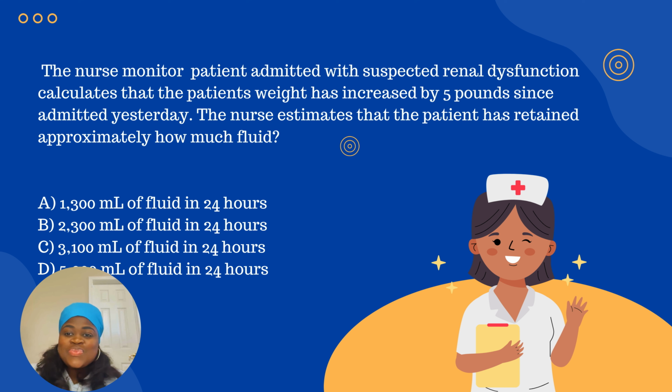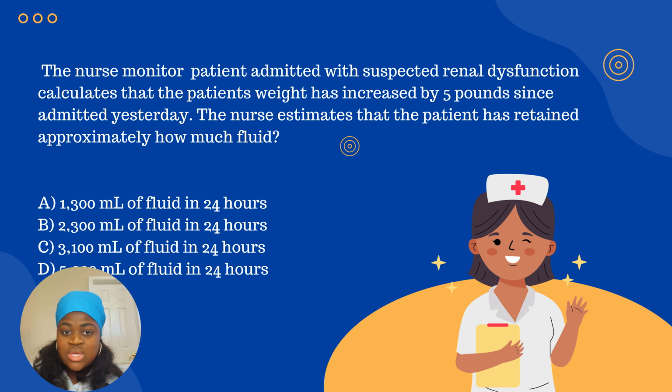Okay, so next question. The nurse monitors a patient admitted with suspected renal dysfunction. She calculates that the patient's weight has increased by 5 pounds since admission yesterday. The nurse estimates that the patient has retained approximately how much fluid? Okay, so in order to calculate this, we would have to know some numbers here.